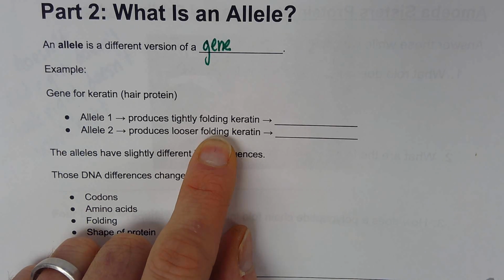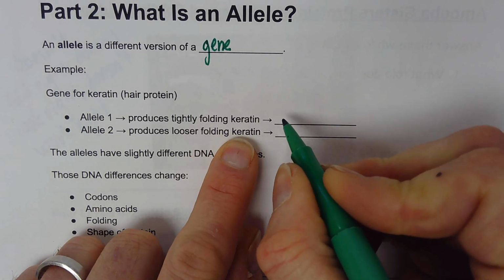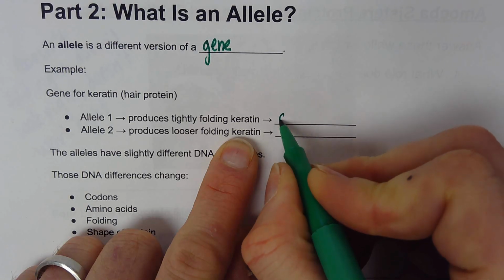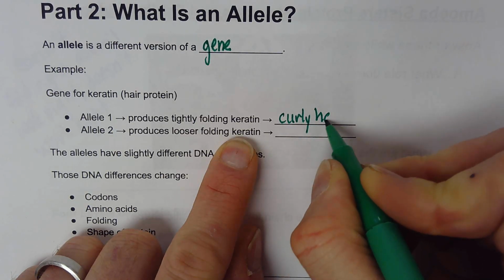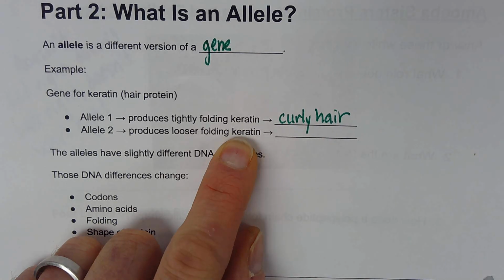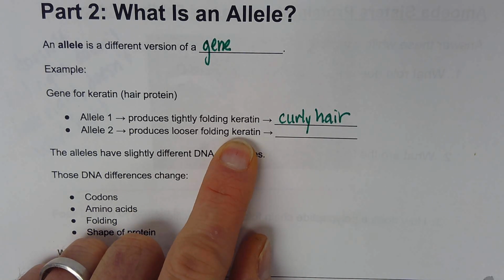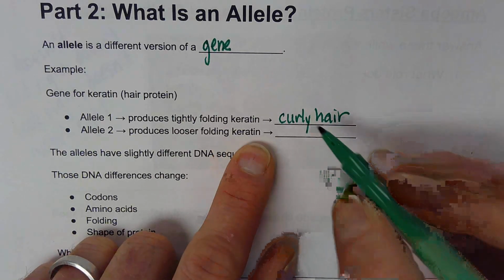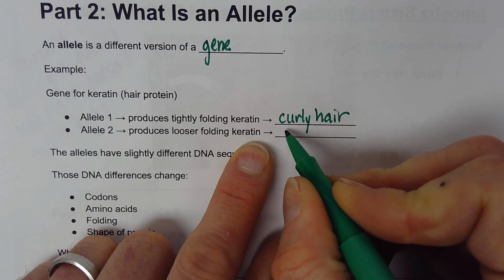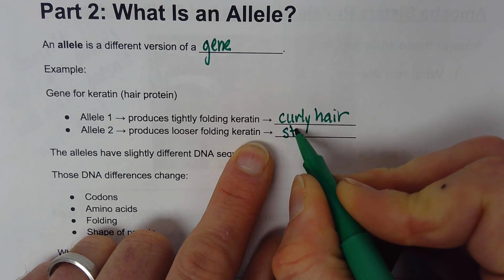So if I have tightly folding keratin, I'm going to have curly hair. And if I have looser folding protein, in this case keratin, it's going to result in straight hair.